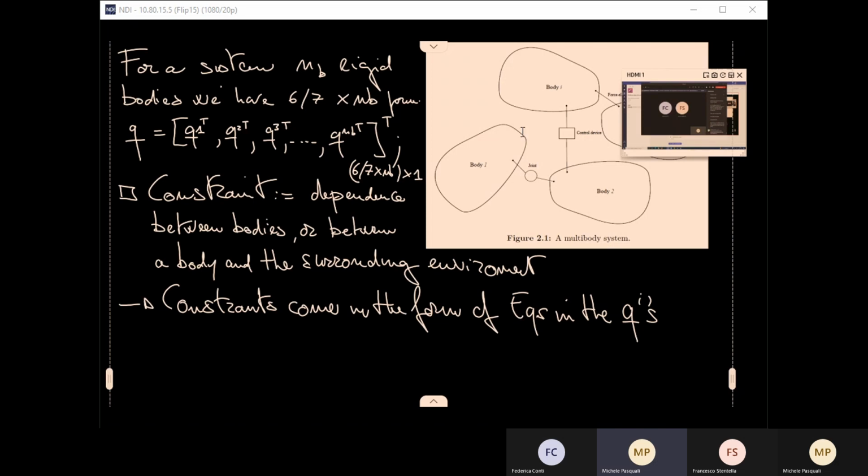So as soon as you introduce a constraint in the model, you introduce the possibility to partition the generalized coordinates between dependent and independent. Because the constraints are a way to link these coordinates so that you can express some in terms of the others. Okay.